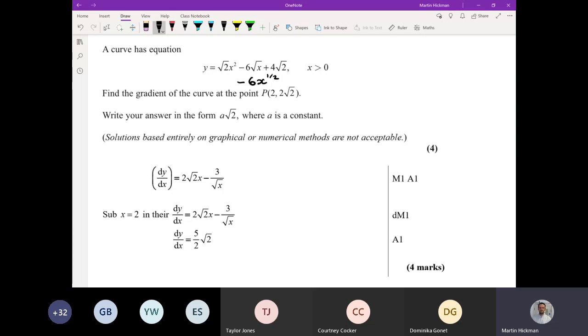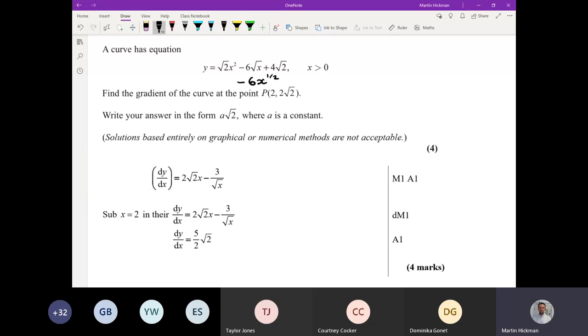So the half goes down to a minus half. So you can either write that as minus 3x to the minus half, or how it's been written here in the mark scheme, instead of writing x to the minus a half, you can write it as minus 3 over the square root of x. Both would be absolutely valid. And as you can see, the differentiating part scores you 2 marks.